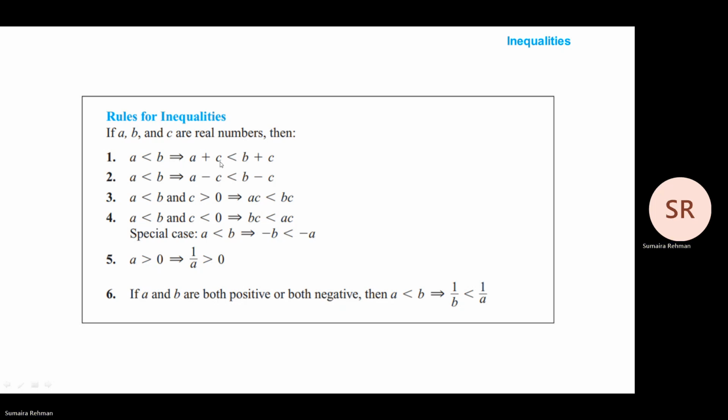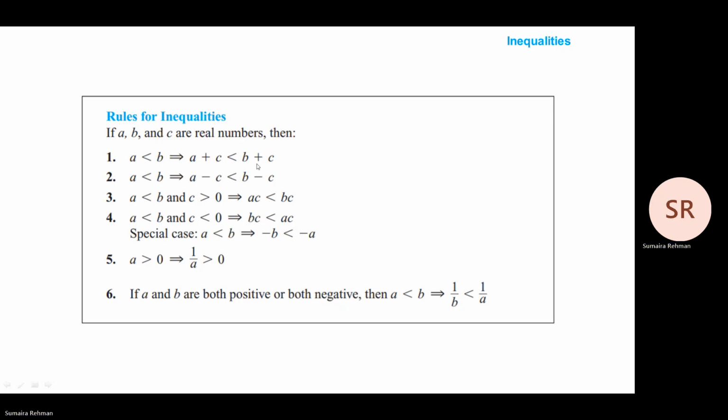add the same quantity on both sides of the inequality, for example, here we are adding this C on the left side and on the right side of the inequality, that would be still less than.